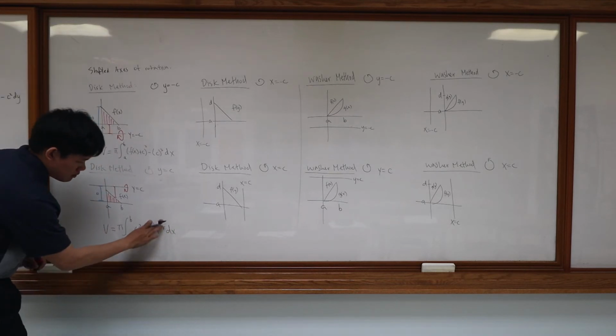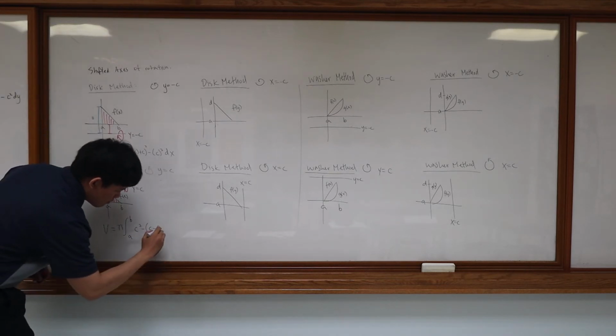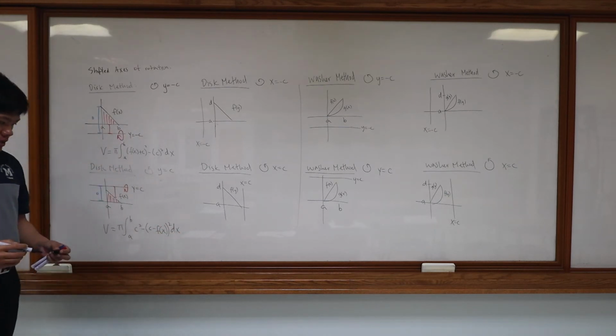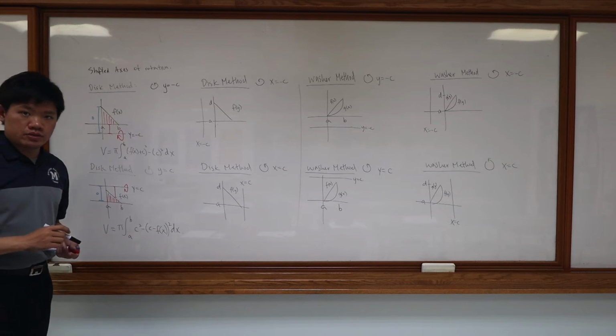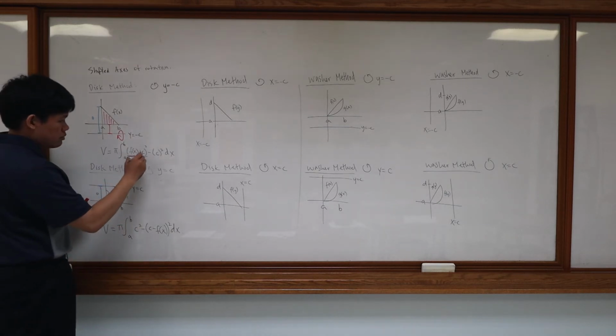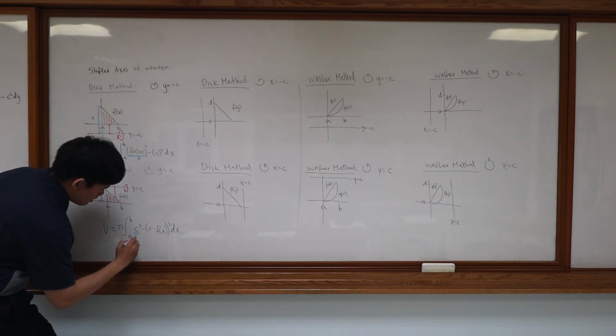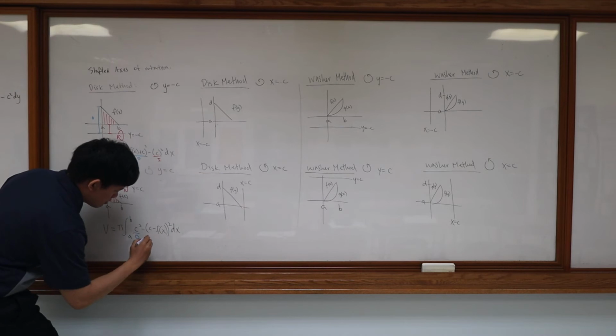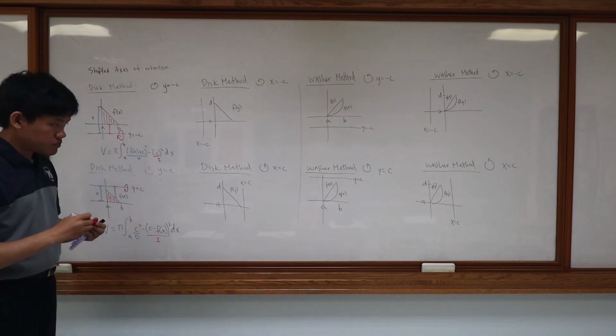Okay, I should rewrite that, give me a sec. c minus f of x, squared dx. These are pretty standard. You just have to know which is the outer radius and which one's the inner radius. This is the outer radius, and this is my inner radius.